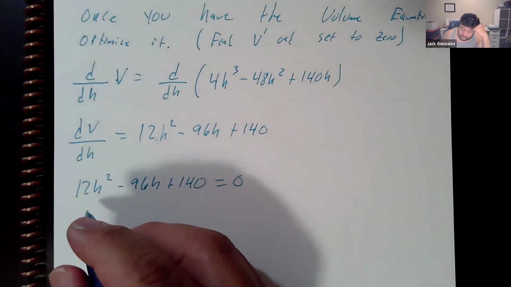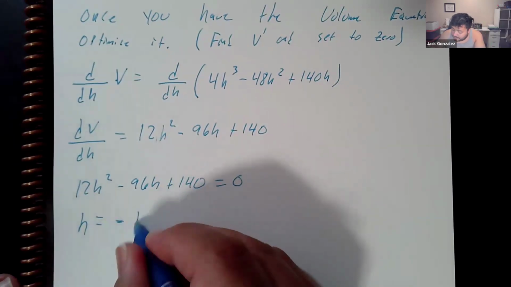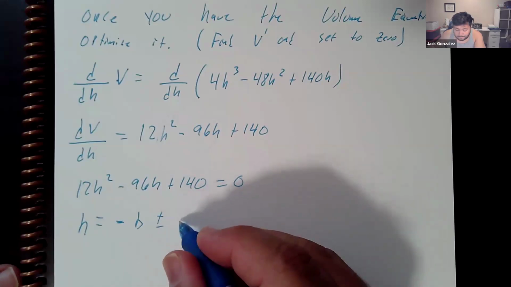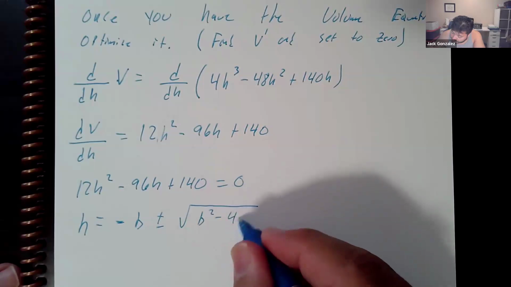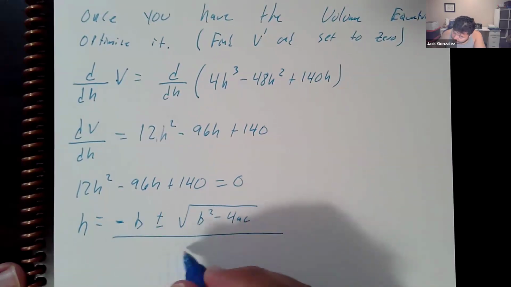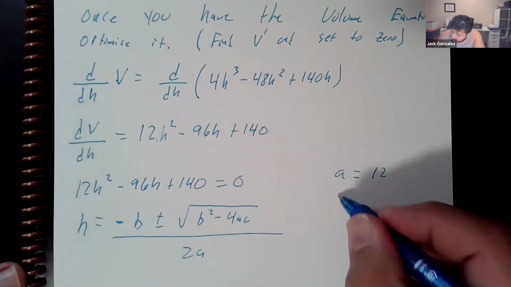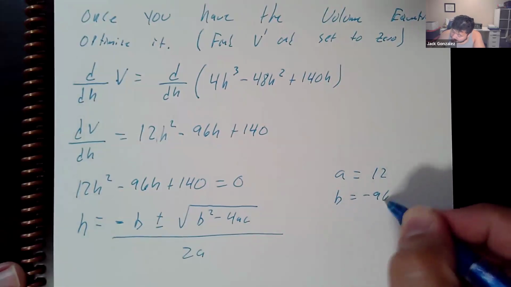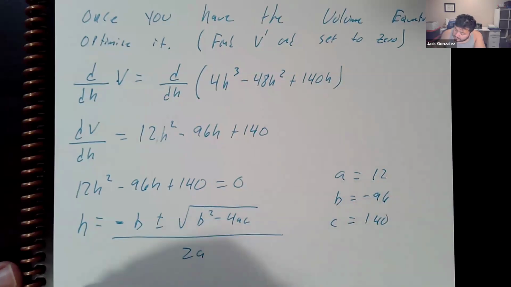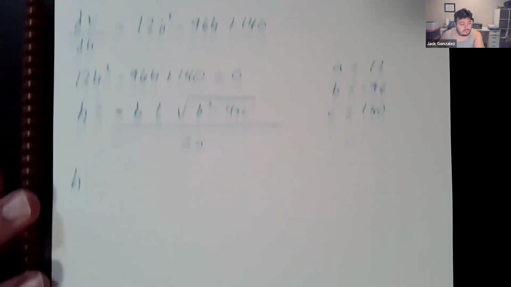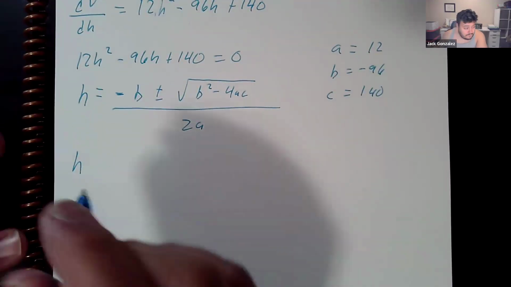So h will equal negative b plus or minus the square root of b squared minus 4ac all over 2a, where a is 12, b is 96, c is 140. You're going to get two h's. I'm going to skip that step because it'll take forever.